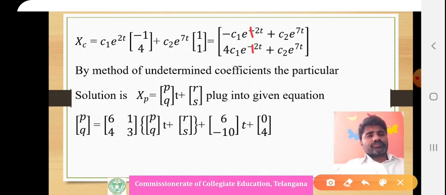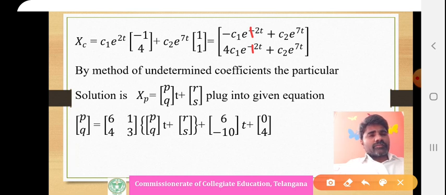Now we apply the method of undetermined coefficients to find the particular solution. Here the right hand side term is some vector times t plus a constant, that is, a function of t. So we can take a t plus b as the particular solution, as in ordinary differential equations.